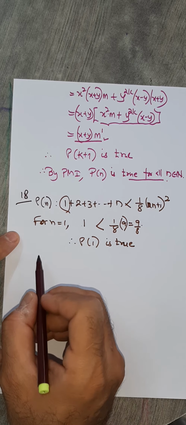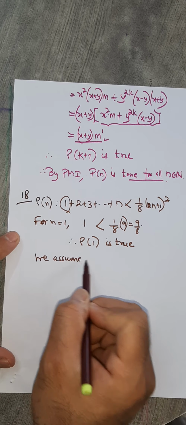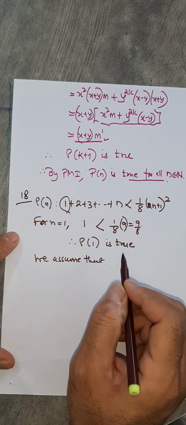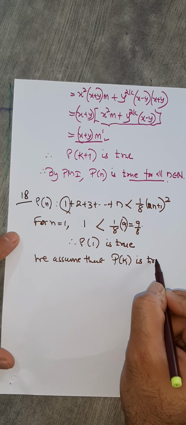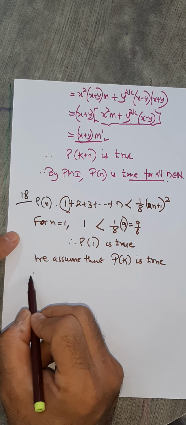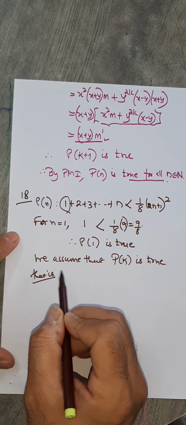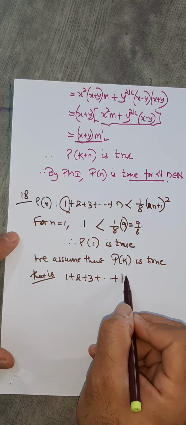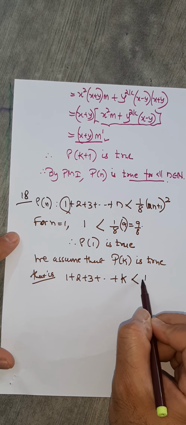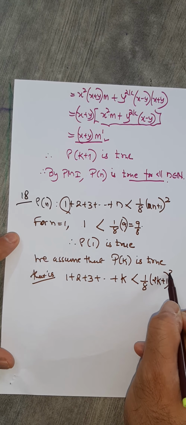Next step, our assumption. We assume that P of k is true. Therefore, we have 1 plus 2 plus 3 up to k is less than 1 upon 8 into (2k plus 1) the whole square.